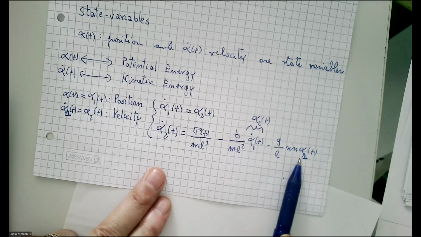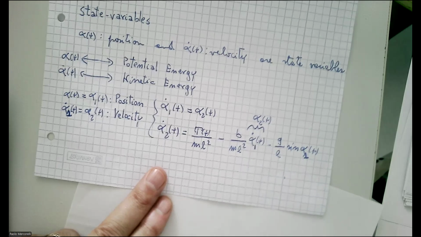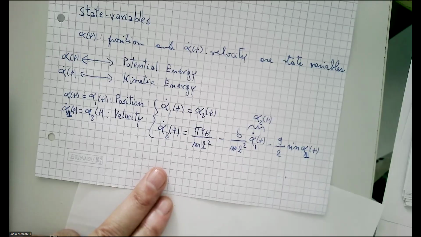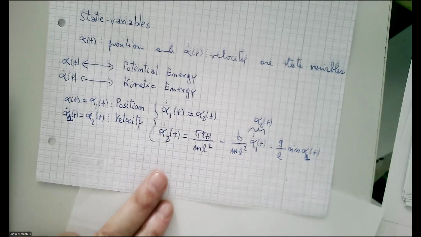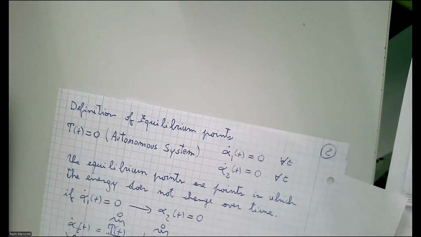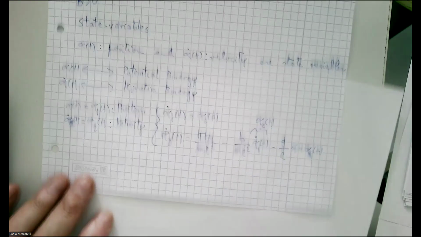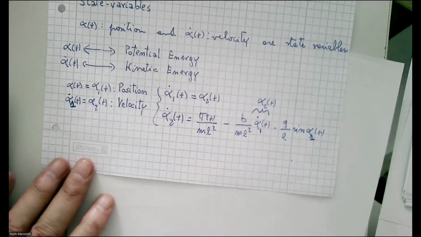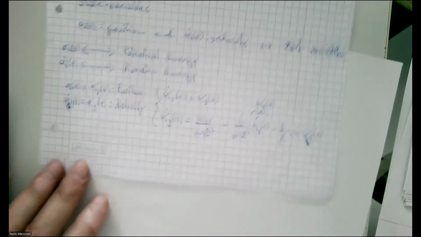We can distinguish clearly the contribution of the position and the contribution of the velocity. And this also allows, do you remember I told you, in the case of a linear system, to build using matrices this particular expression or representation of the model.